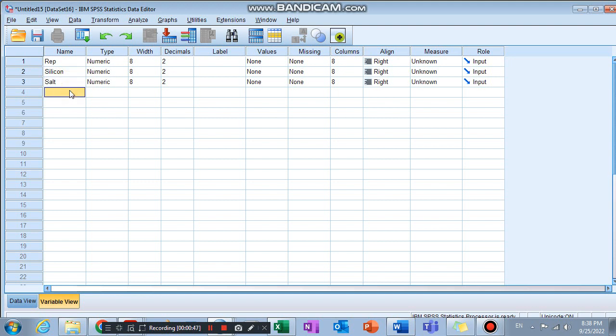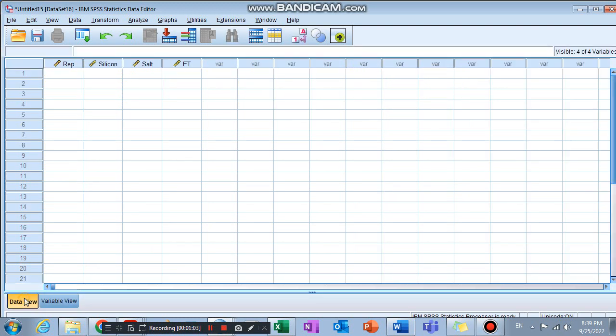We have two factors, silicon and salts, and the third one is the dependent variable, which is evapotranspiration of the crop. We have an agricultural field experiment, so we can represent our data here.